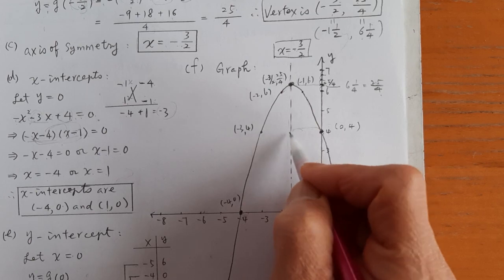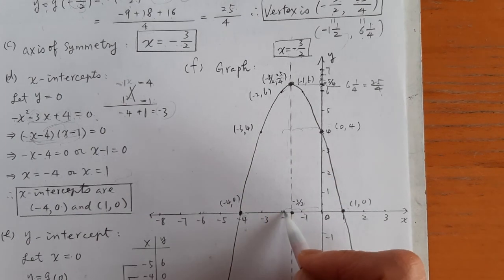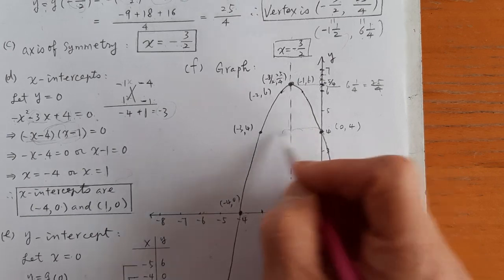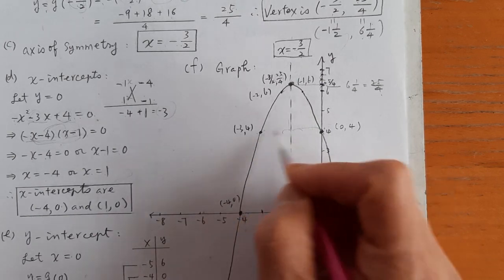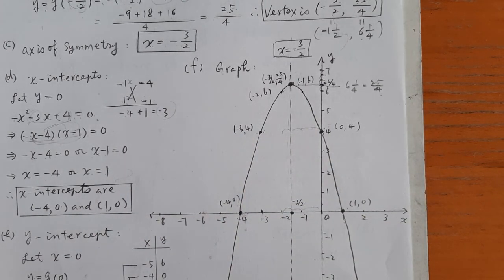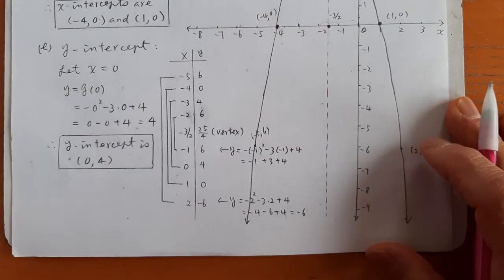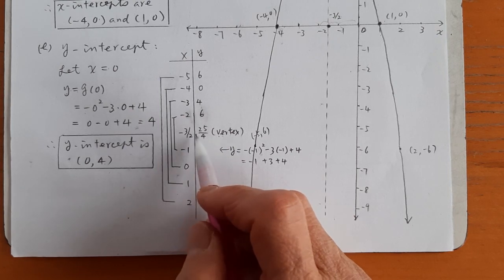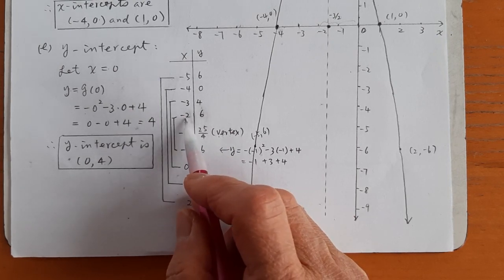So to the left, half and 1 unit, 1 and a half units, you get x coordinate -3 and y coordinate also 4. The two are symmetric points: (0, 4) and (-3, 4). And you can see here the vertex; go up, go left 1 unit.